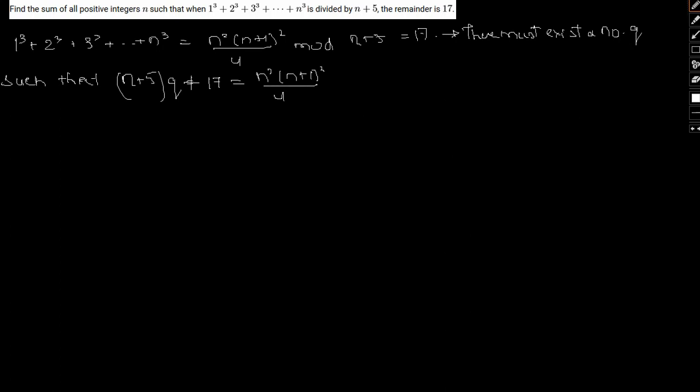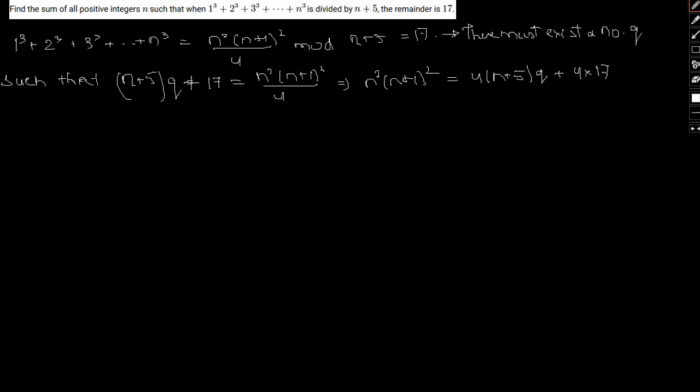So we can further write this as n square (n plus 1) whole square equal to 4 (n plus 5) q plus 4 into 17. I hope this much is clear.